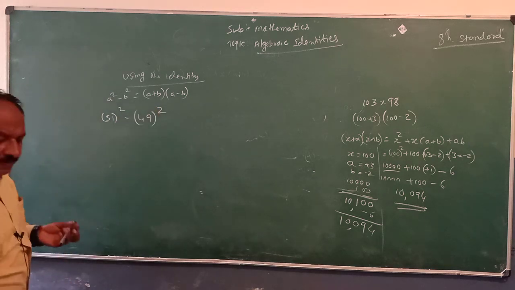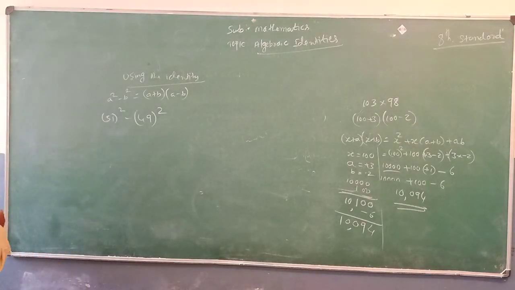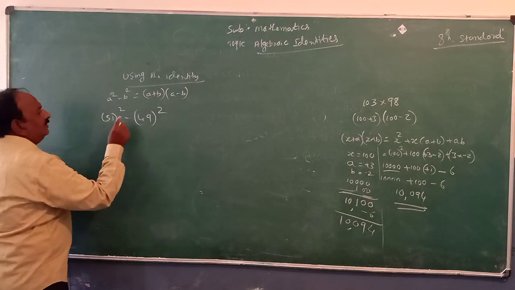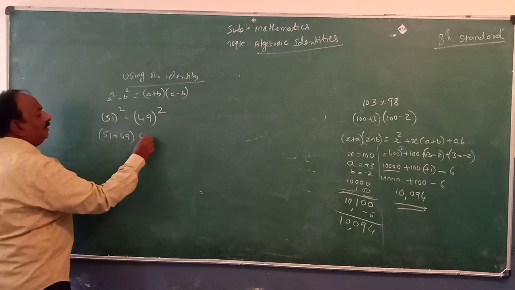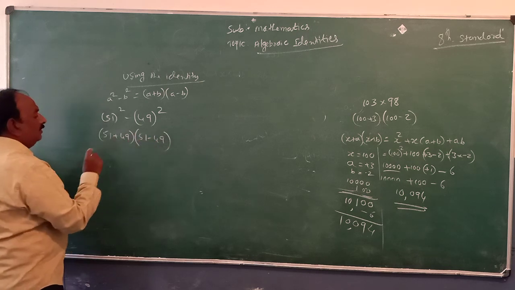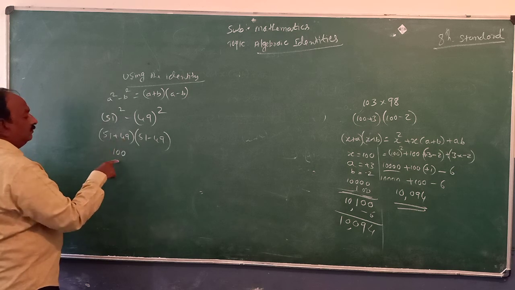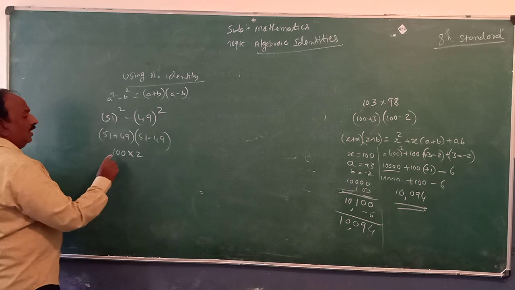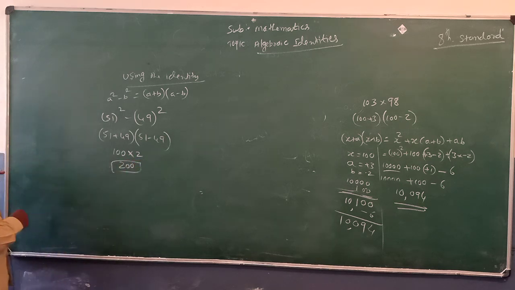This is of the form a square minus b square, which is a plus b into a minus b. That is 51 plus 49, which is 100, into 51 minus 49, which is 2. 100 twos are 200. The answer is 200.